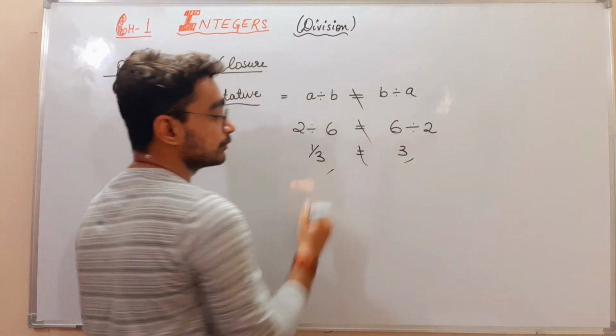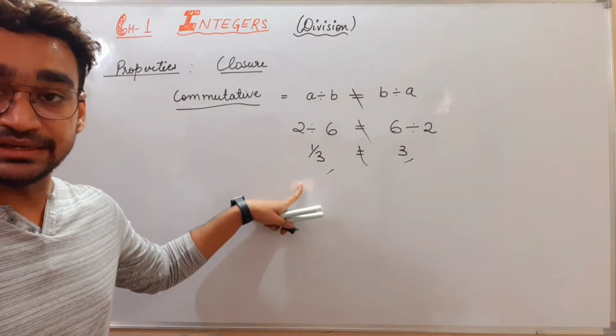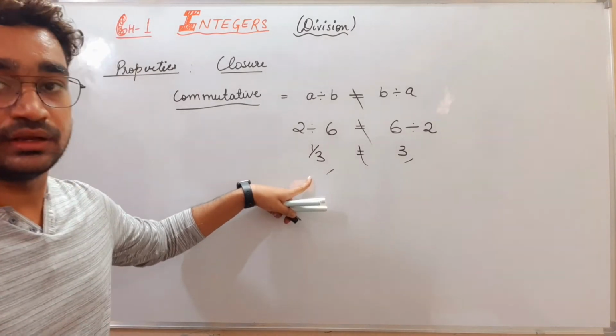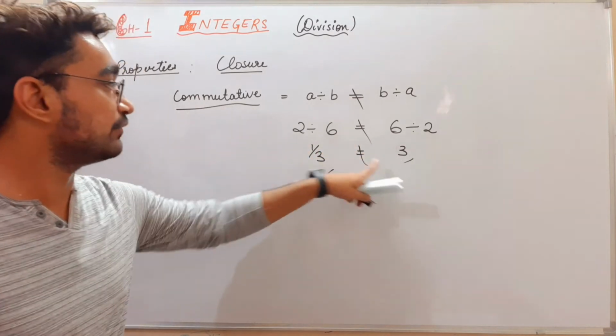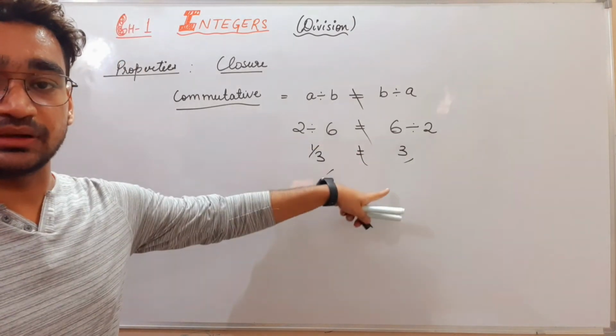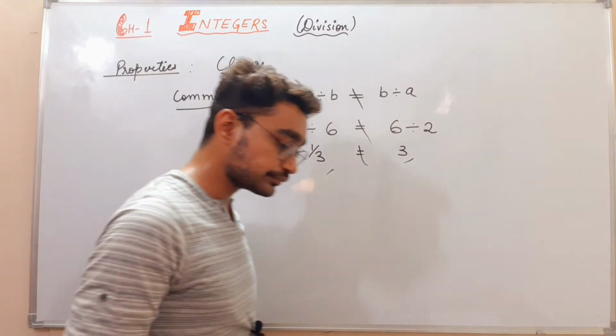Are they equal? No. See, after doing a division, we are not getting an integer. We are getting a fraction here. So that is why closure property is not applicable. And this is also an example for commutative, as both are not equal. That is why commutative property is also not applicable in the case of division.